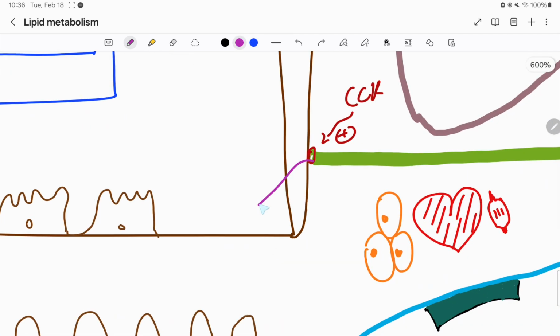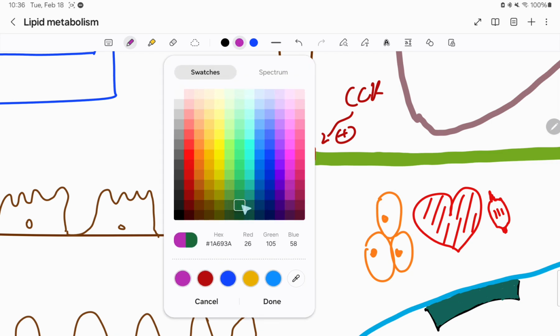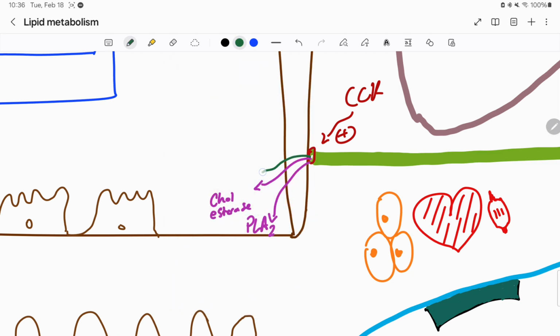It's releasing a specific couple of enzymes. The first one is called PLA2, or phospholipase A2. The other one it's releasing is called cholesterol esterase. It's also releasing a special molecule that we'll talk about more, called colipase.